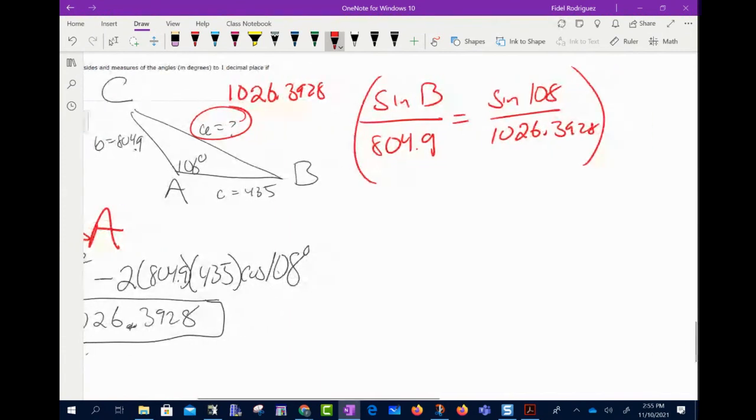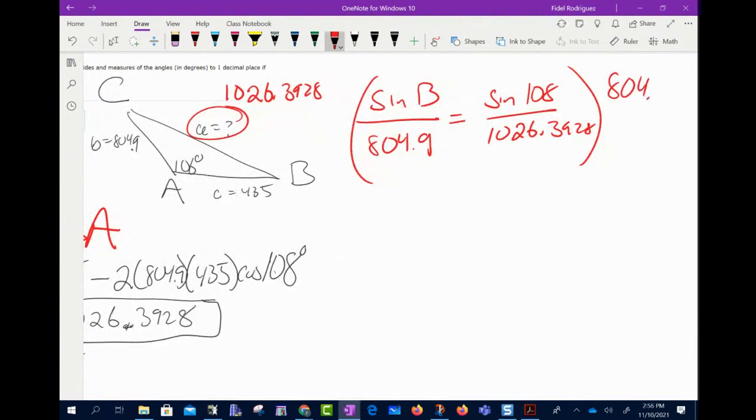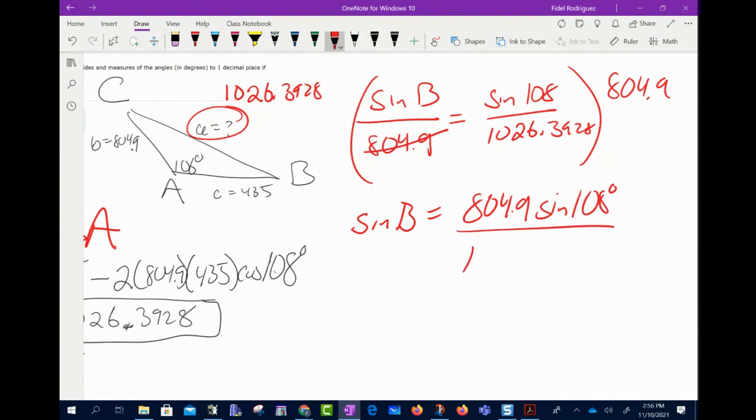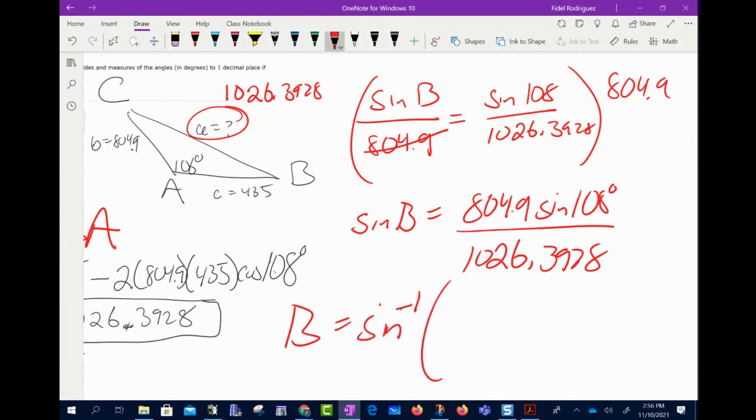I'm just going to multiply everything by 804.9 to get rid of this guy. So 804.9 times the sine of 108 degrees divided by 1026.3928. Then to find my angle B, we're going to take the sine inverse of all this business right here.